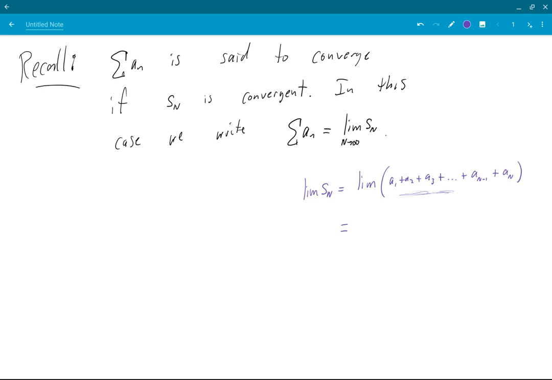So I think it makes sense to say that in terms of definitions, when you take the limit as n goes to infinity of this expression here, what you get is the full sum.